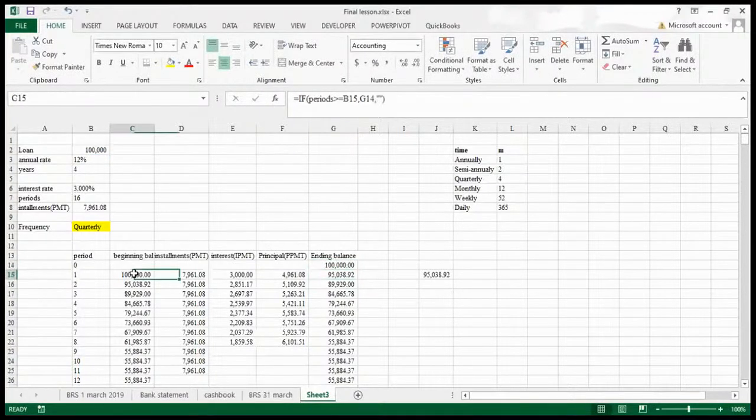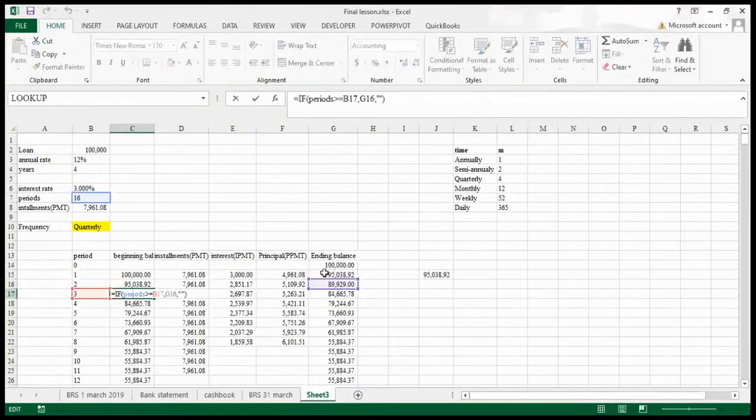Our beginning cannot be in period 0; it is now in period 1. Our beginning in period 3 is the ending in period 2.